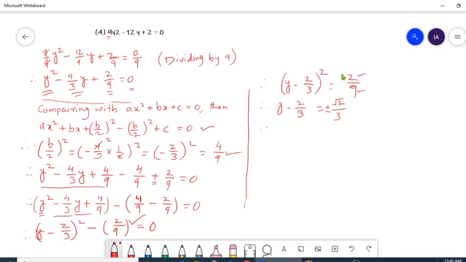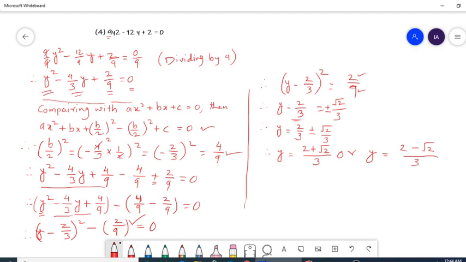Now, keeping y in its place, this negative 2 by 3 can be transposed to the right hand side and will become positive 2 by 3. Here we have plus minus root 2 by 3. So therefore y equals 2 plus root 2 upon 3, or we can say y equals 2 minus root 2 upon 3.